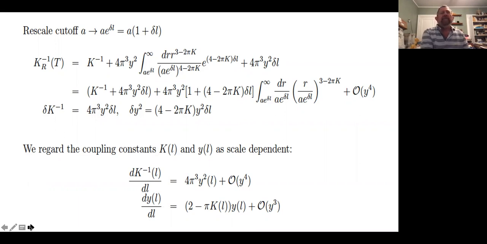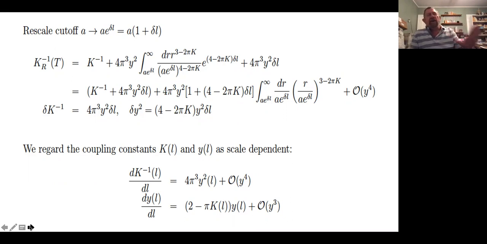That started as r to the 3 minus 2 pi k naught. And then we have to convince ourselves that this k in the power law actually changes from the original k to k plus delta k. Now, to do that, you have to do an expansion to order y to the fourth.